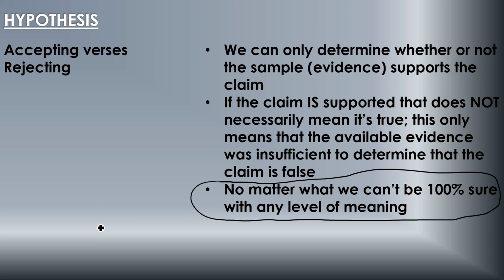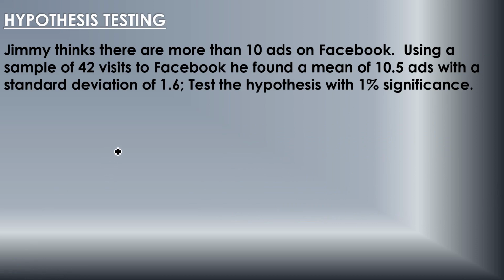When we go to test a claim, we might reject it, but our sample being wrong caused us to have an incorrect conclusion about the population. So it's important that your sample is actually representative of the population. So all that being said, let's actually do several of these and try to get used to it. It can get very, very confusing, so the best thing to do is just do a bunch of them.